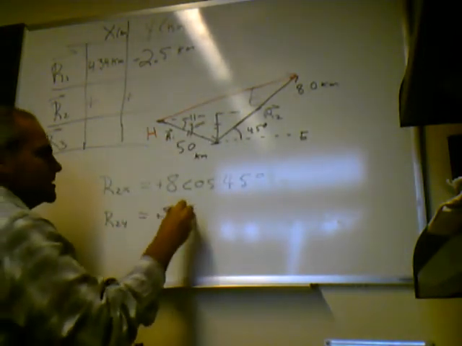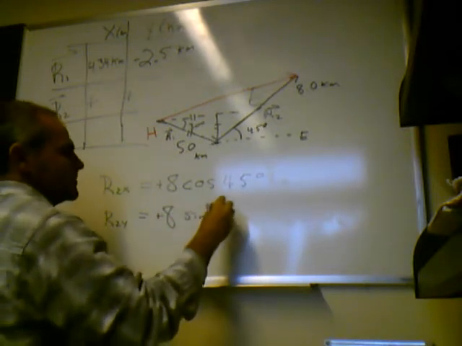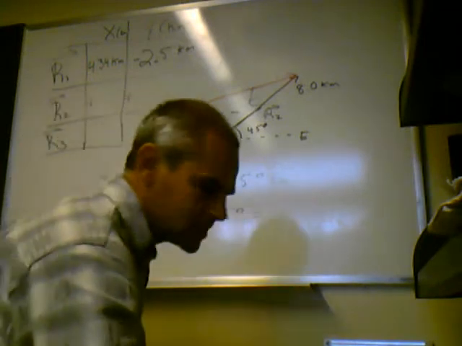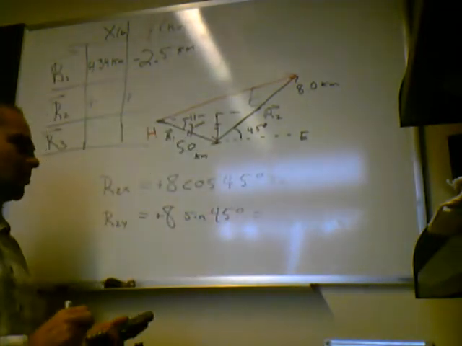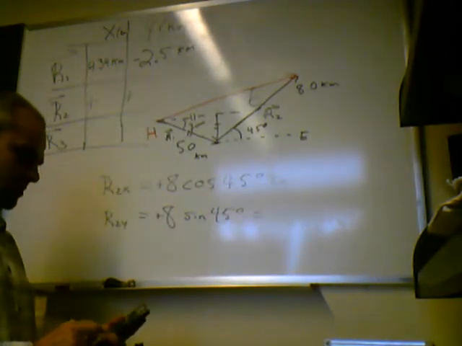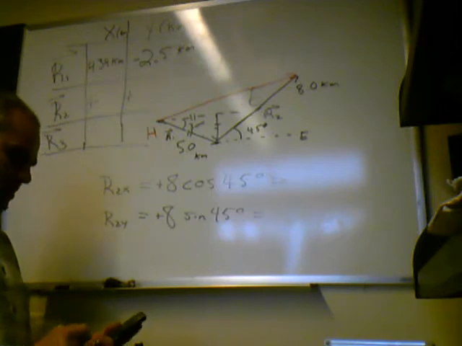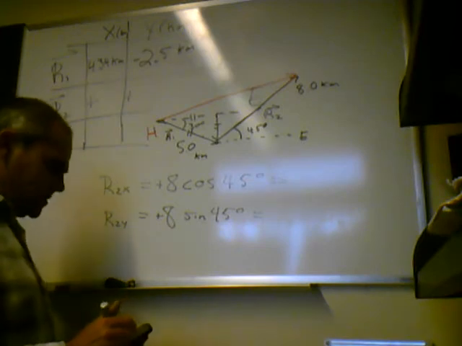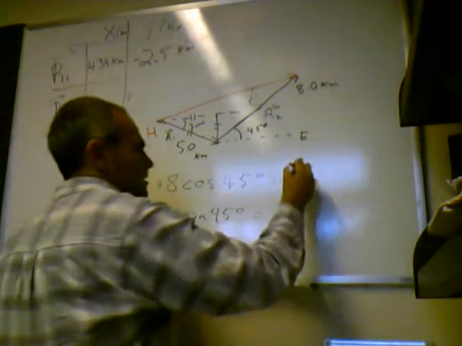R2y is plus 8 sine 45 degrees. Okay, sine and cosine of 45 degrees is 0.707. And just to make sure I do it correctly, I'll calculate 8 times 0.707. And I get 5.66 kilometers.